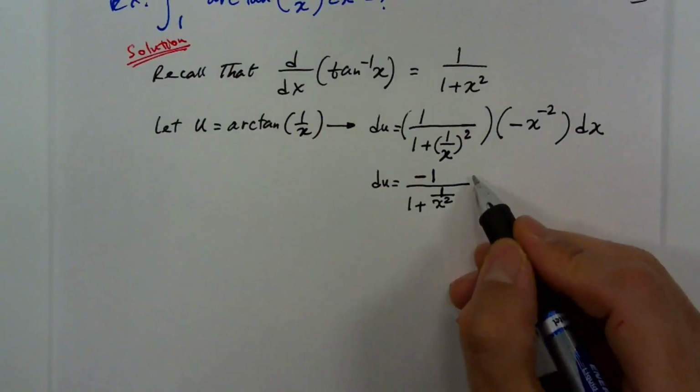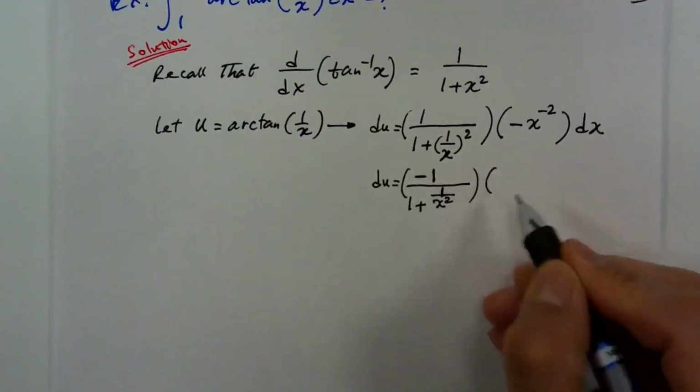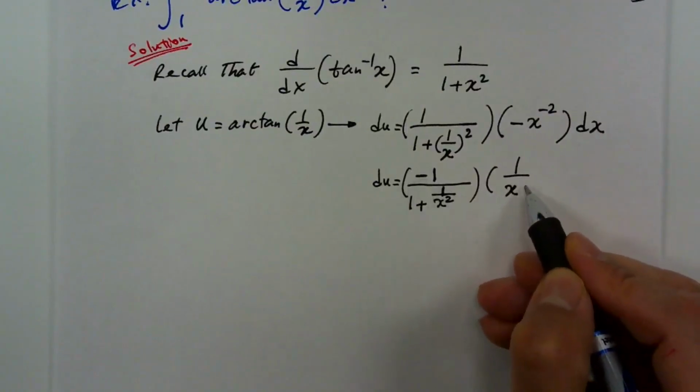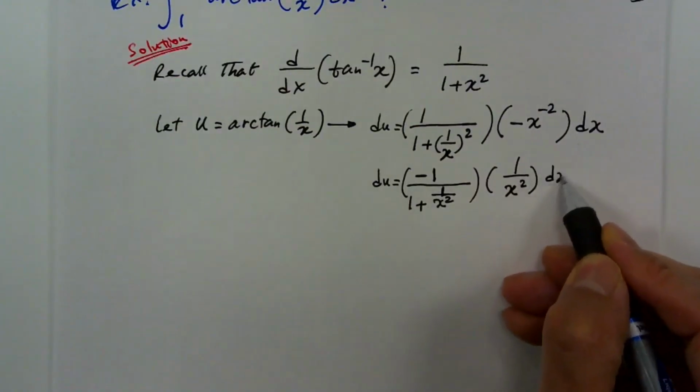So times 1 over x squared dx, and this minus is already here.